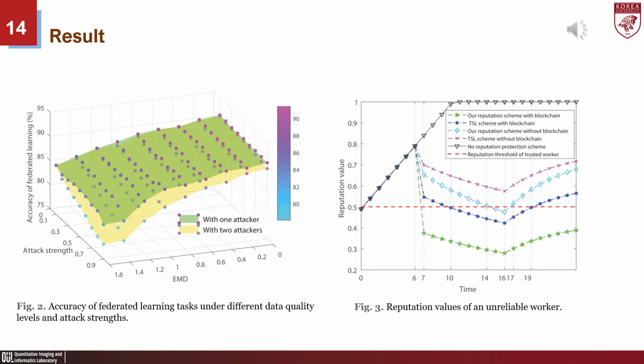Figure 2 shows the accuracy of federated learning tasks under different data quality levels and attack strengths. Figure 3 shows reputation values of unreliable workers. Since they are unreliable workers, we want them to be low. And the proposed method, the reputation scheme with a blockchain shown in green, maintains the lowest value over other methods.